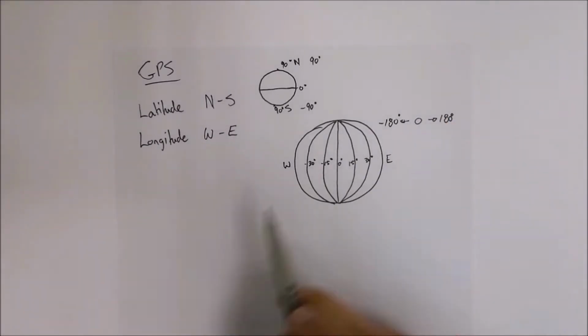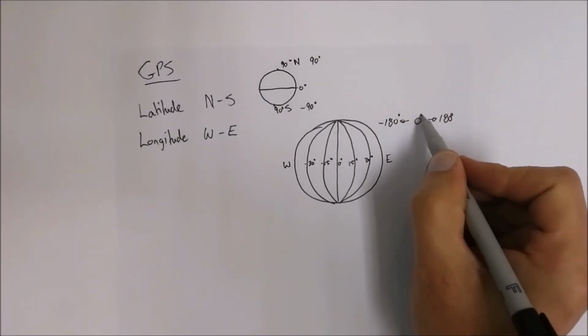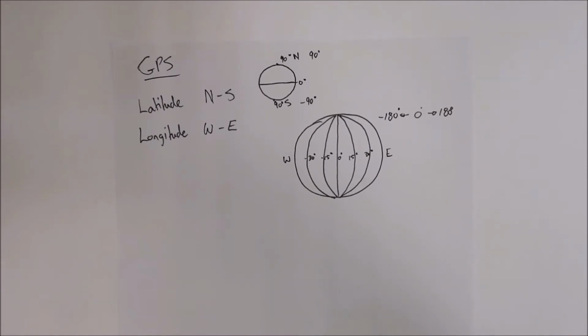So 0 degrees goes through the Greenwich Mean Line, which is located in London, and that is where you'll find your 0 degrees, and then it goes to either side of the Earth.